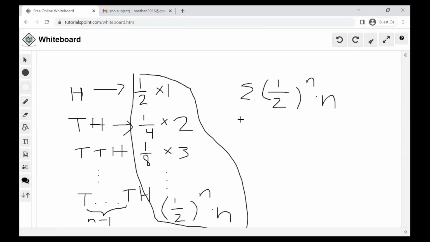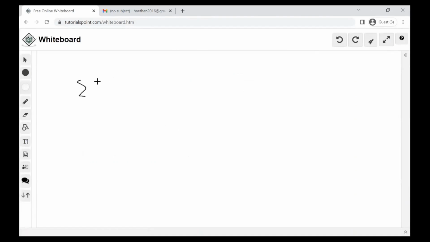So the way we compute this is, right, this is equal to what? This is the sum of n times 1/2 to the n.